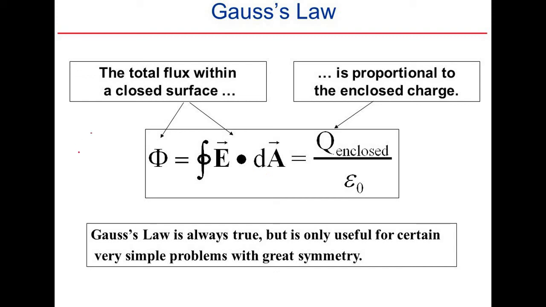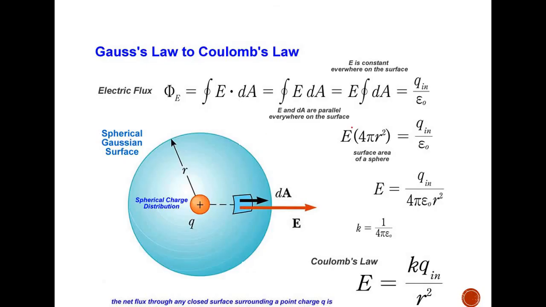We have a closed surface like this. Gauss's law can help you find the total charge for this closed surface. The equation is E dot dA.